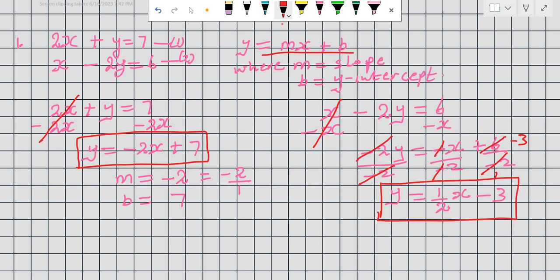So let's identify the slope in this second equation. The slope m is equal to 1/2, and b, which is the y-intercept, is negative 3. So once you have done this, the next step is to go on with graphing.